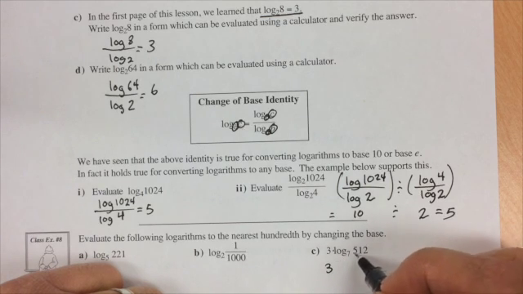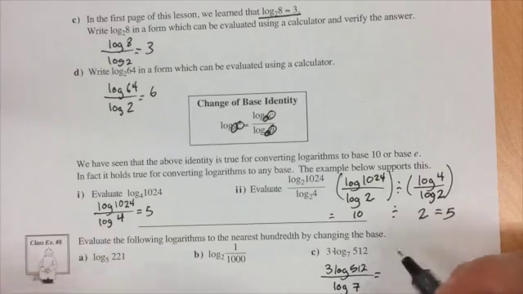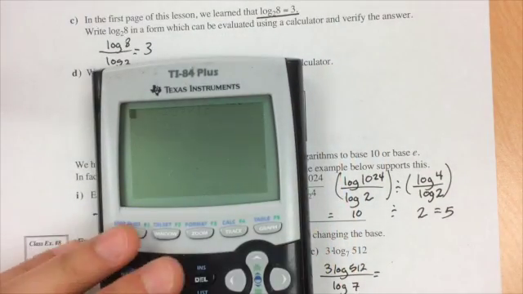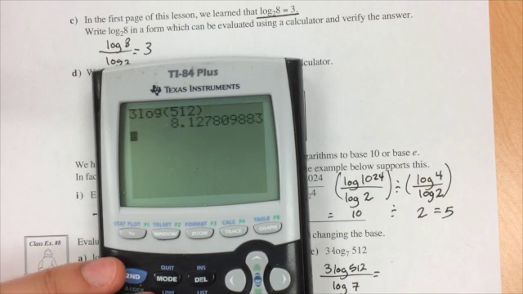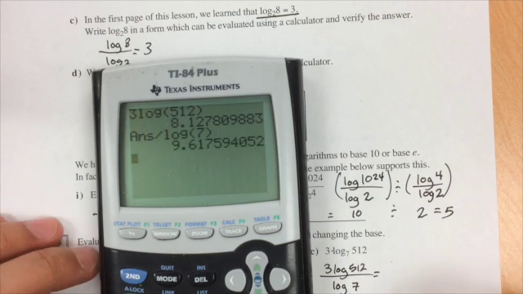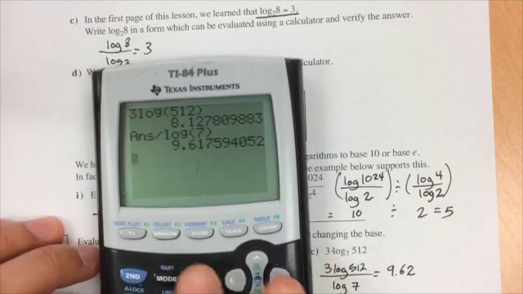So 3 log base 7 is going to become 3 log base 10 of 512 divided by log base 10 of 7. If we were to calculate this, we're going to end up with 3 times log 512 divided by log 7, and we're getting an answer of 9.62 if I round to the nearest hundredth.